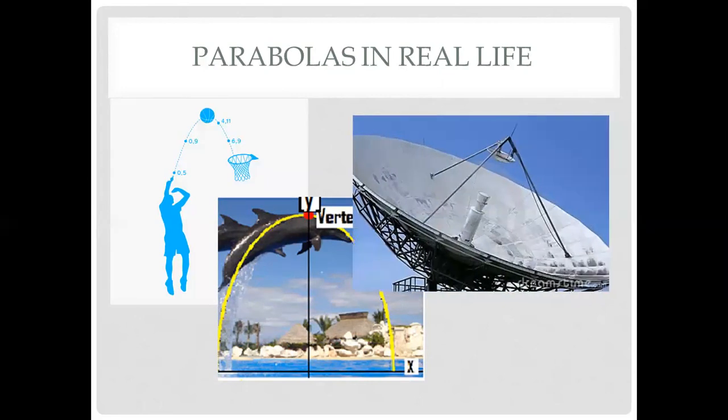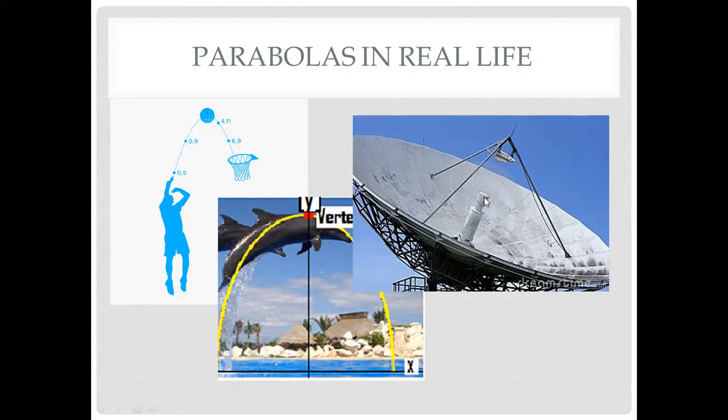And this last one, related with technology, is more interesting because with this parabolic antenna, we can describe how the parabola works. For example, the signal comes here and is received in this small plate. Then it's transmitted to this point in here, which is practically the focus of the parabola.